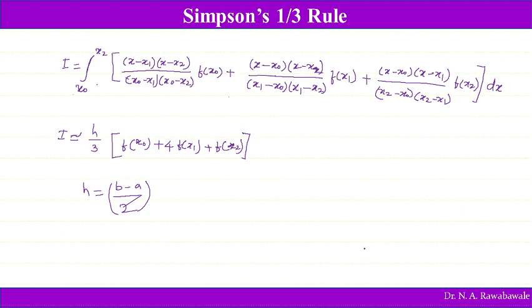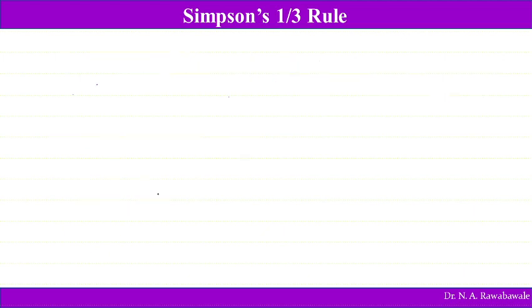Simpson's one-third rule can again be written as, it can be expressed as I is equal to b minus a, that is nothing but h, so h can be written as b minus a, times f of x naught plus 4 times f of x1 plus f of x2, whole divided by 6.